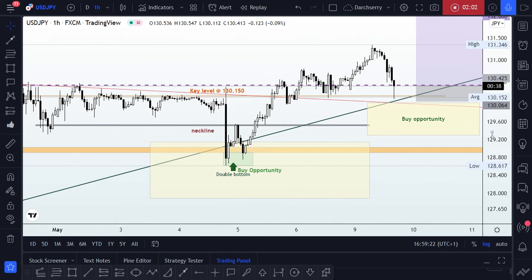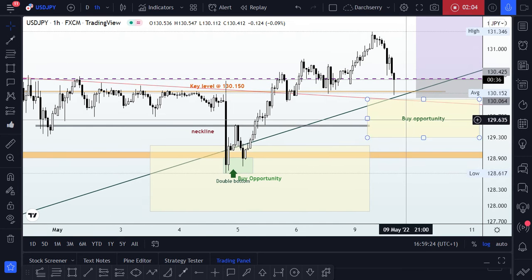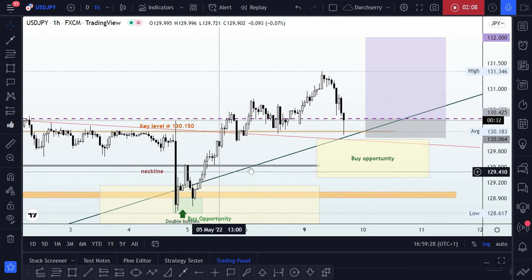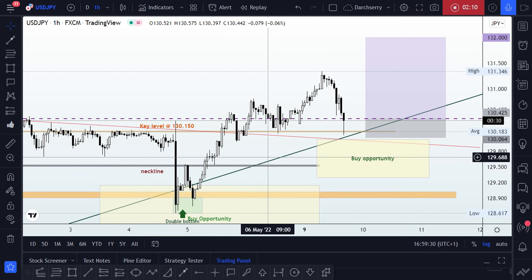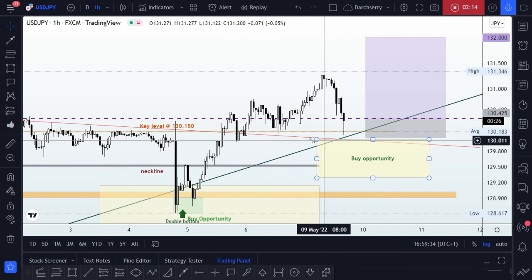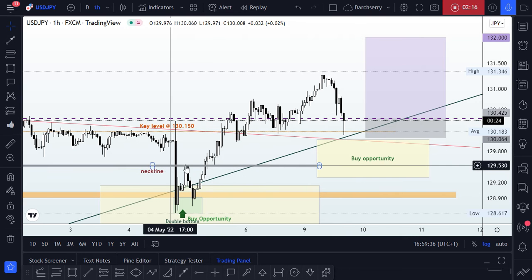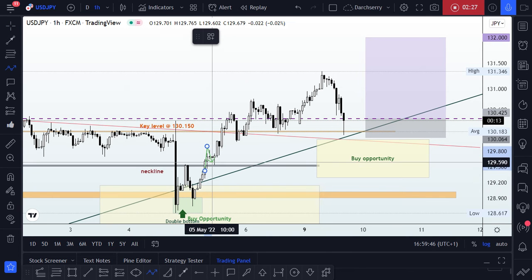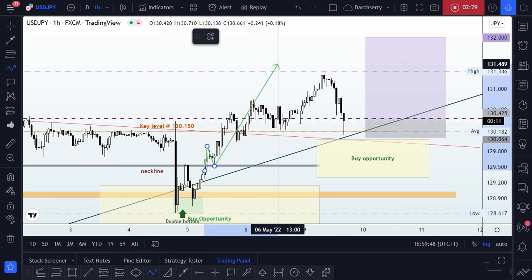So with this buy opportunity area being set, and with a trend line around this area, I'm looking at the buy opportunity of this impulse leg after the breakout of structure. We had the breakout of structure here, a retest of that structure before we saw that impulse move.